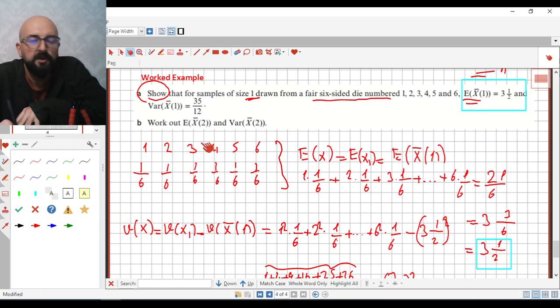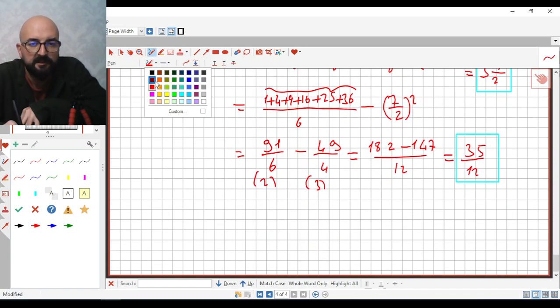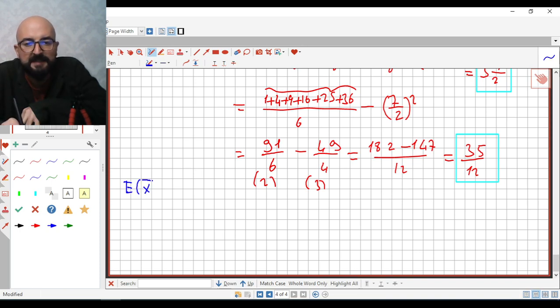Then work out the expectation of the sample mean of size 2 and the variance of the sample mean of size 2. Please remember that expectation doesn't change, and you can say the expectation of the sample mean of size 2 is also the same as the expectation of the sample mean of size 1, which means the expectation of x. It means 3.5.